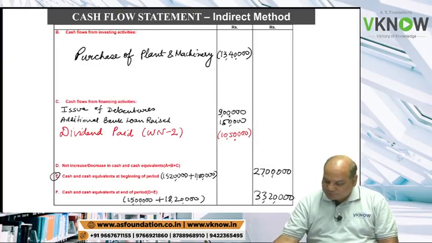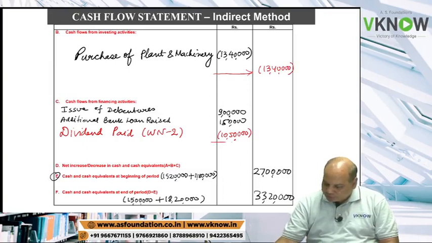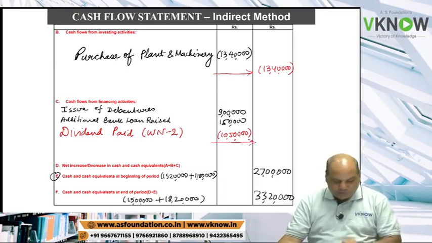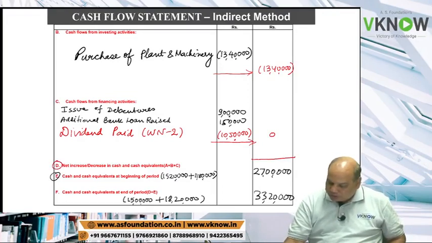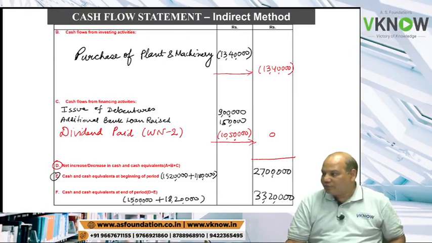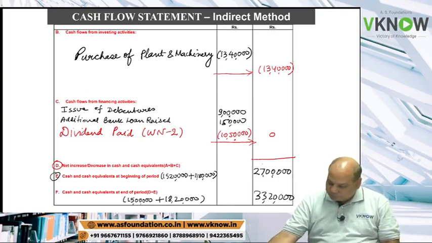Now come to investment activity: 13 lakh 40,000. Come to financing activity, seems to be 0. Therefore, point number D, net increase or decrease in cash and cash equivalent. Check the answer.